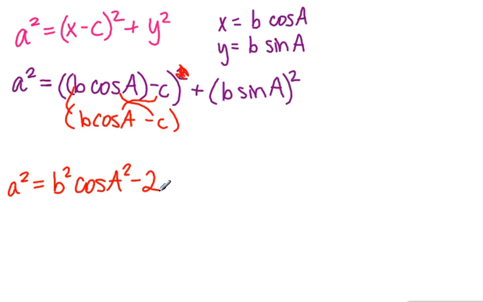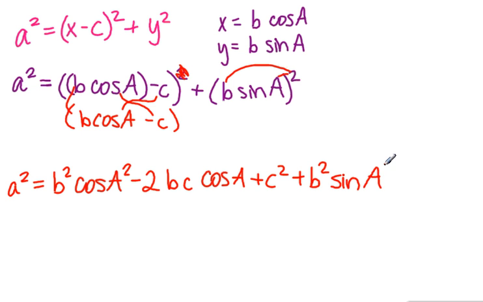So you have 2bc cosine A, and then c times c is plus c squared. Then here, since there's no plus or minus, you can distribute. So we've got plus b squared sine A squared. Fun, wasn't it? Doesn't that look beautiful? I know you can't wait for the next step.